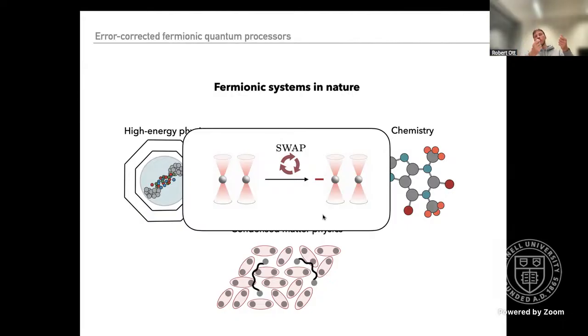But basically, if you take these two fermions and you exchange them, you know that the many-body wave function of these particles is anti-symmetrized. So you will get this extra minus sign if you do that. And so that's a very fundamental property that on the one hand needs to be taken into account whenever you do fermionic simulations of nature. On the other hand, this is also what you get in the lab by using fermionic particles as your constituents.